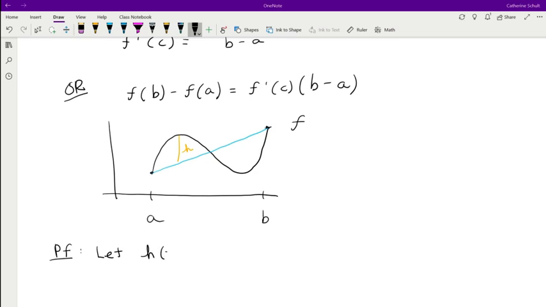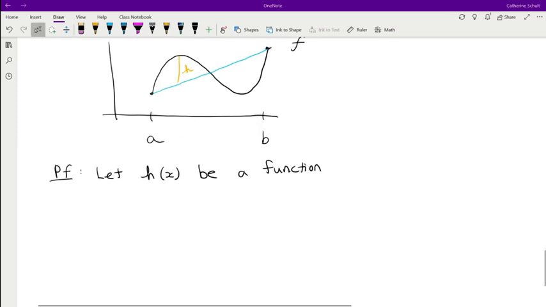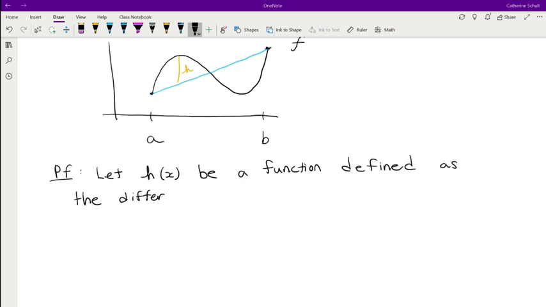Let h of x be a function defined as the difference between f and the secant line.